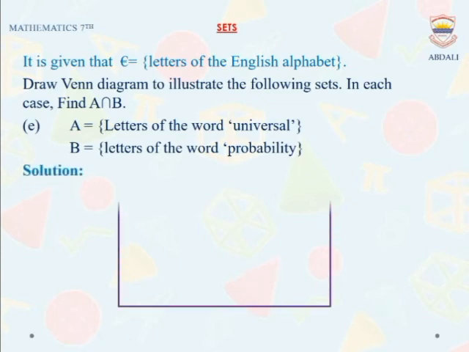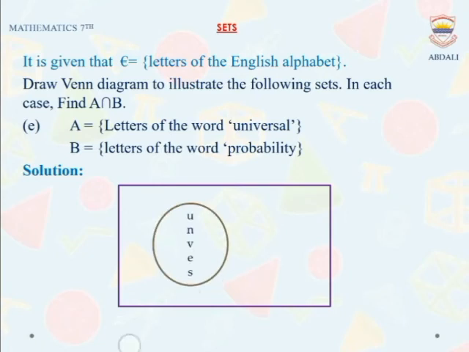Firstly, we will draw our universal set, and after that we will draw our set A, which contains U, N, V, E, S, I, R, A, L, which means all the elements of the word universal. And after that we will draw our set B, which contains all the elements that are in probability.